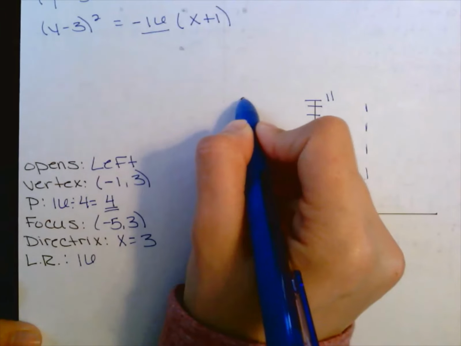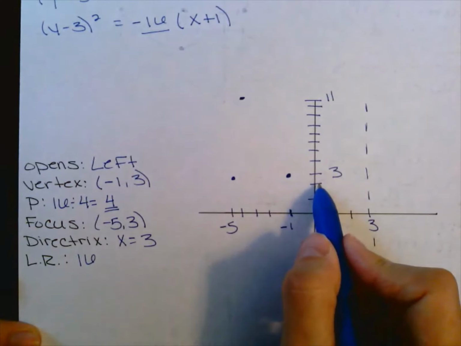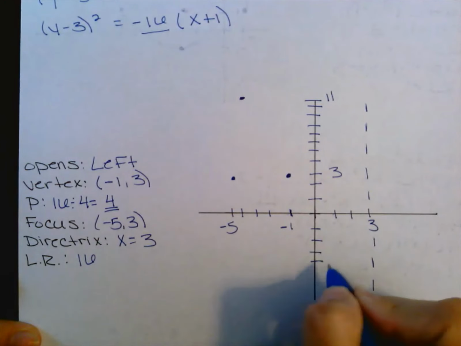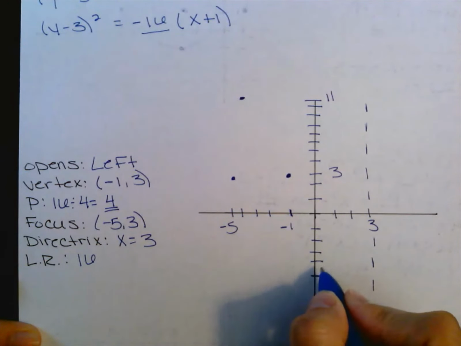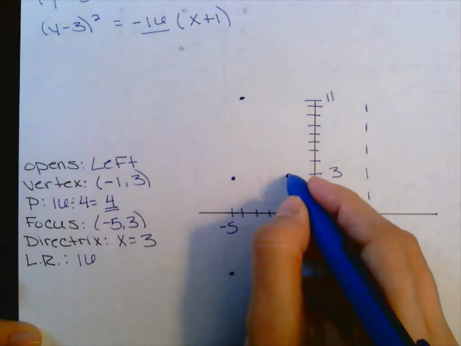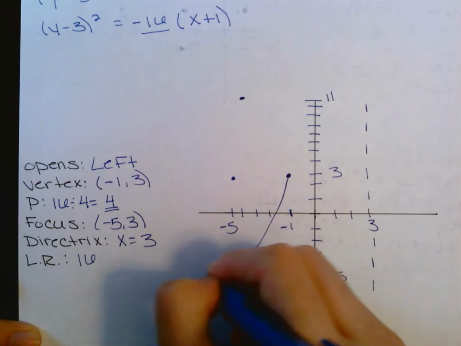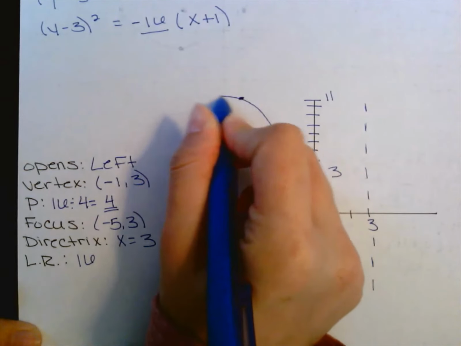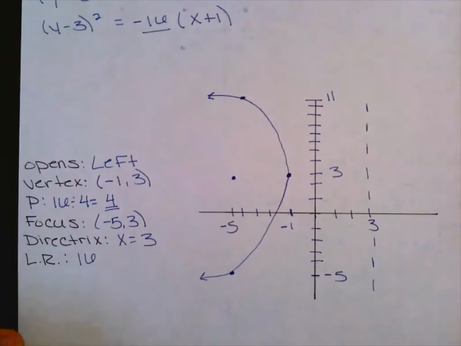And again, located at the foci, 8 units down. And that is the width of the parabola. It's a funny looking parabola, but it's a parabola nonetheless.